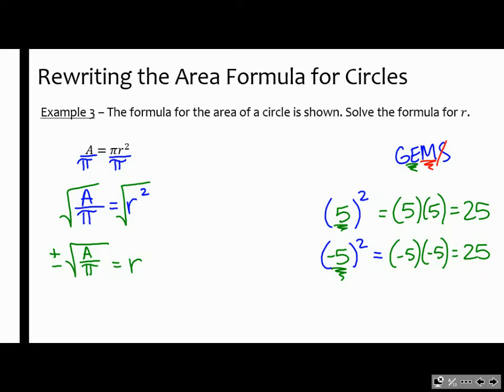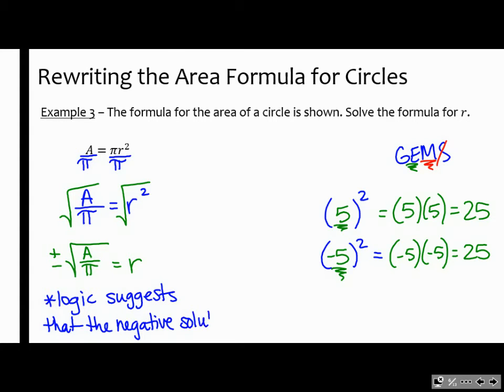But then I'm going to use logic. A radius is a measurement, and you cannot have a negative radius. So logic suggests that the negative solution doesn't exist because a radius is a distance.